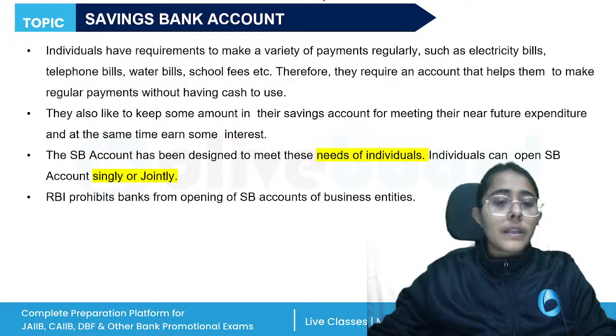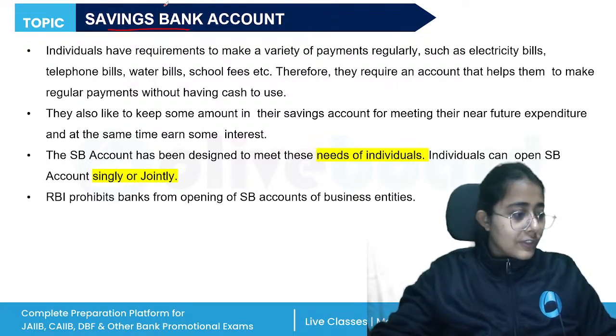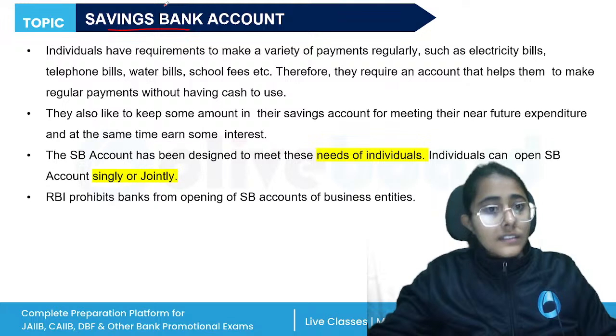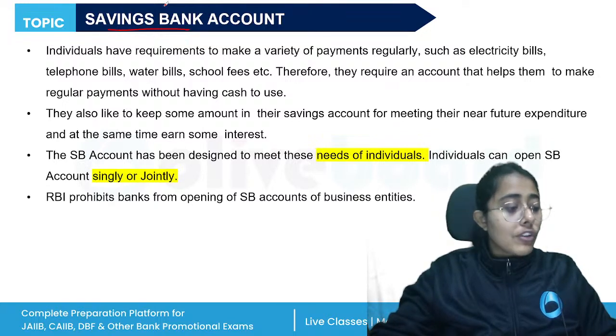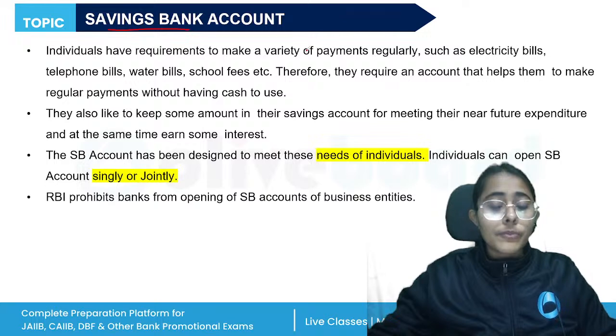Another type of deposit or demand account is a savings bank account. The current account was for the business class, but the savings bank account is for the needs of individuals. Individuals have requirements to make a variety of payments such as electricity bills, telephone, water bills, school fees.